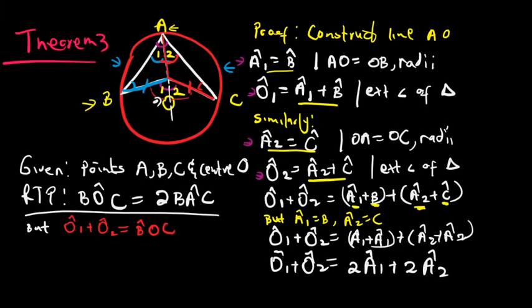So it gives us this angle here. The combination gives us this angle, and angle A1 plus angle A2 gives us BAC, right? So we can simply substitute that. So we're just going to do this quickly.